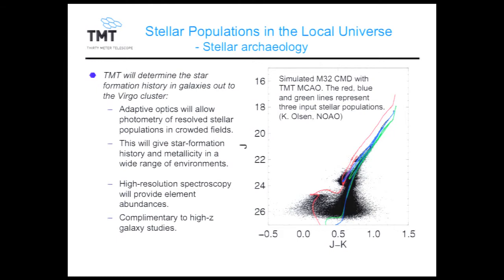And we call that stellar archaeology, and this is something that is a very strong case for the extremely large telescopes, because there are kinds of galaxies, like elliptical galaxies, where we do not yet have a clear understanding of the distribution of stellar populations there.